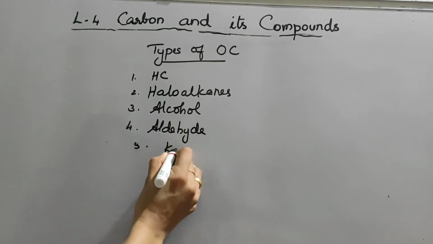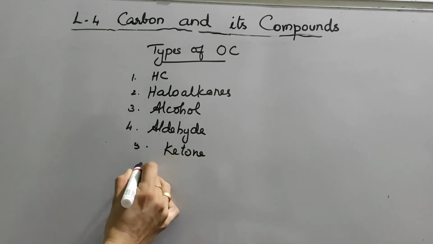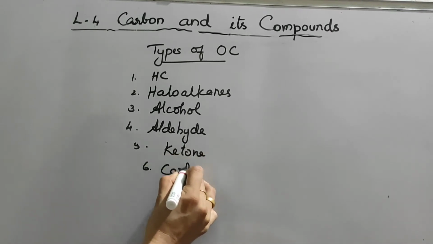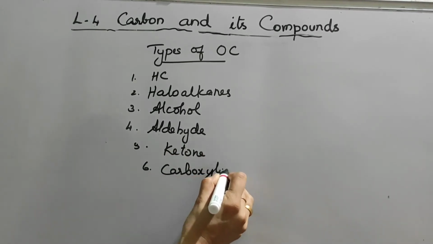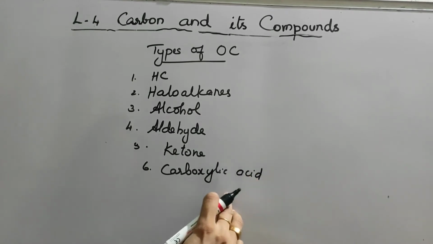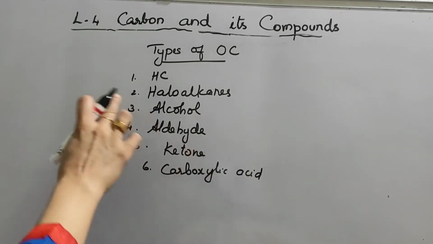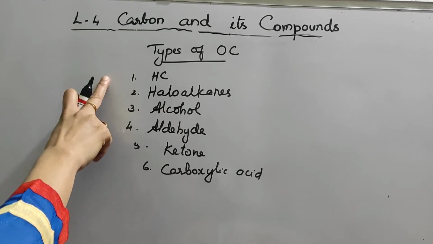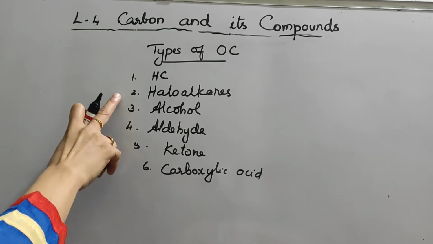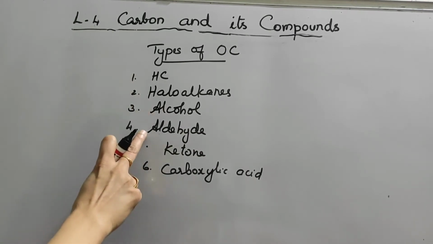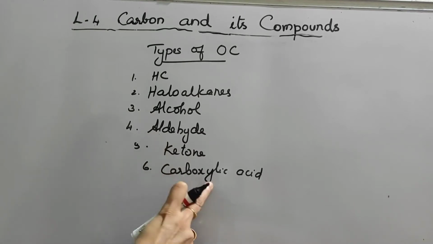Fifth, ketone. And the last one, carboxylic acid, which we call organic acids. Once again, the types of organic compounds: hydrocarbon, haloalkanes, alcohol, aldehydes, ketones and carboxylic acid.